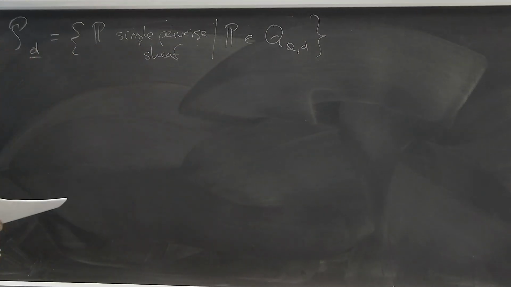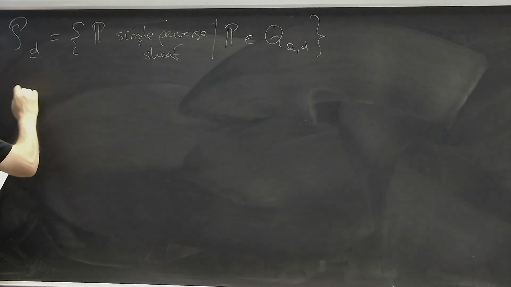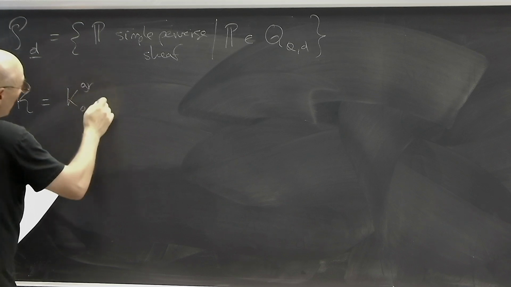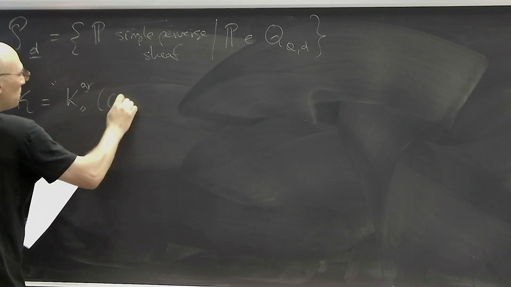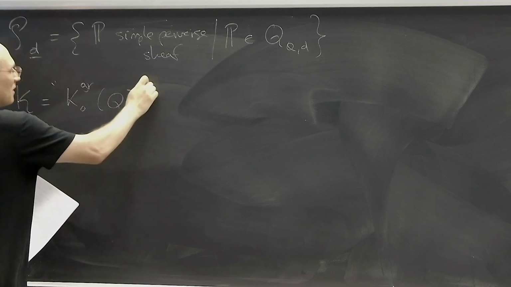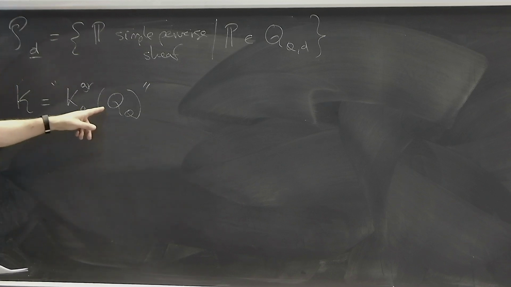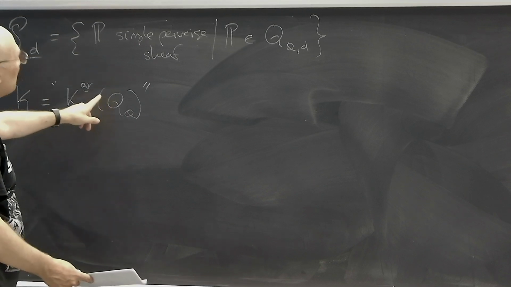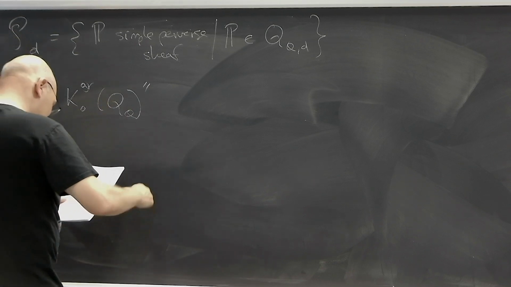Okay, all the simple perverse sheaves that arise. And then I'm going to look at something that you could call the graded Grothendieck group of this category. By the way, somebody complained that there were too many Q's. Yeah, I'm sorry. This is Lusztig's notation. I don't dare to modify it.